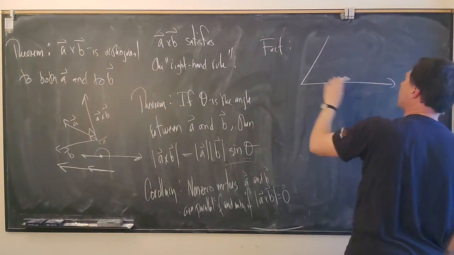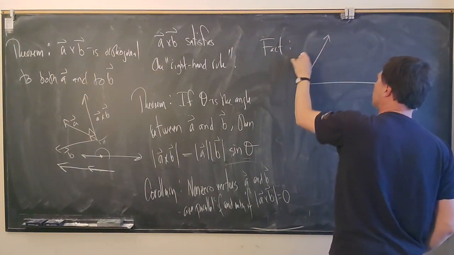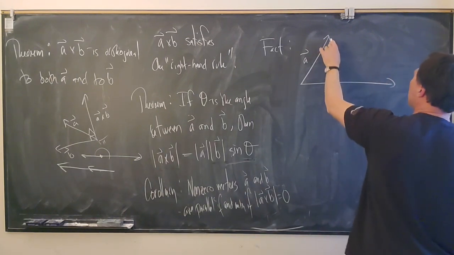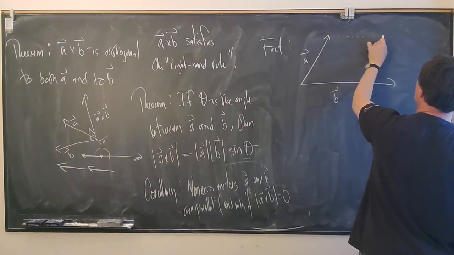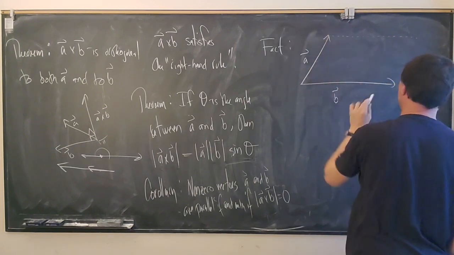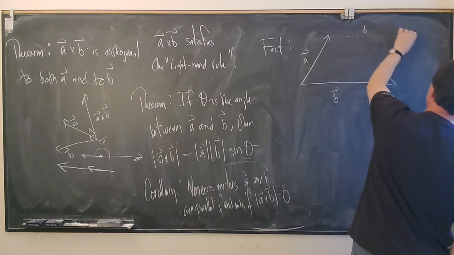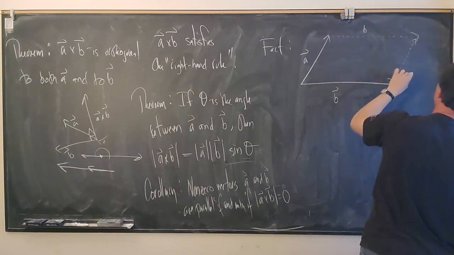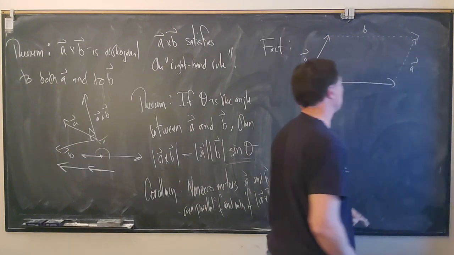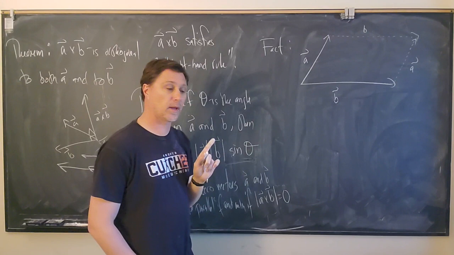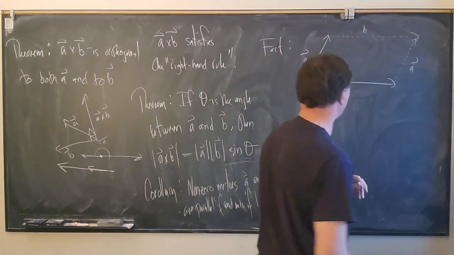If I take the vectors A and B, and I line up another representation of B that starts at the tip of A, and then I take a version of A lined up at the tip of B, what we get is a parallelogram.